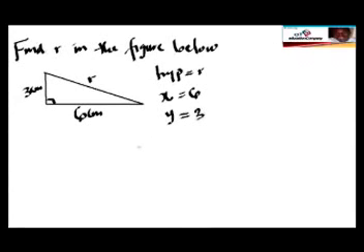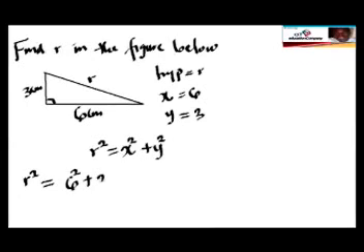And our formula says arrow, which is the hypotenuse, squared is equal to x dimension squared plus y dimension squared. If we apply this formula, we're going to get arrow squared. We remember arrow is r, so arrow squared is equal to x dimension, which is 6 squared, plus 3 squared, and that will be arrow squared is equal to 6 times 6 is 36 plus 9.